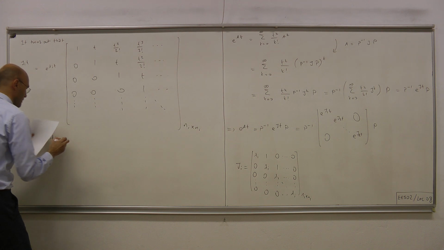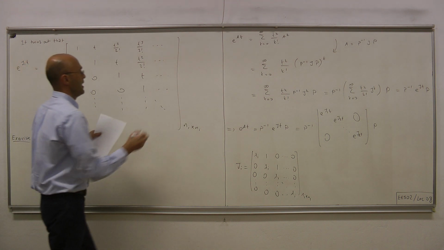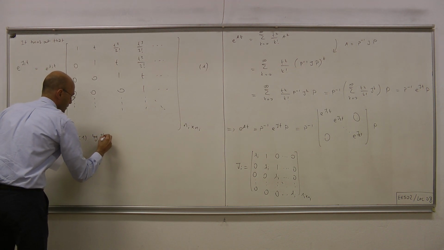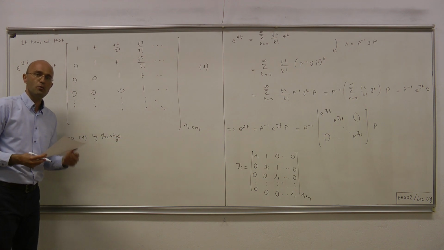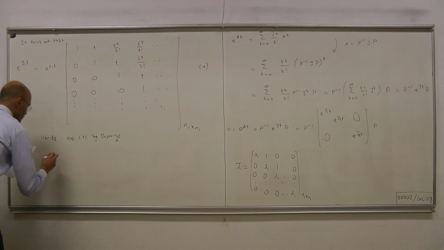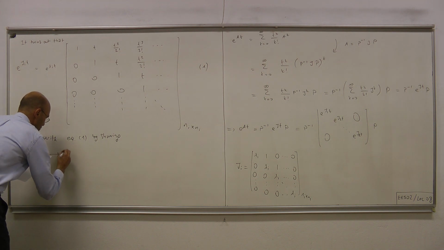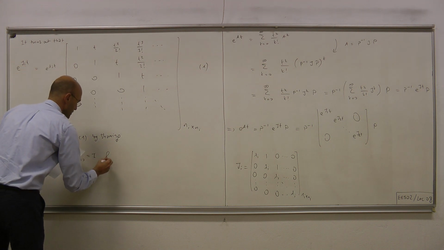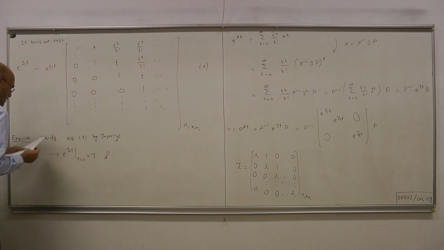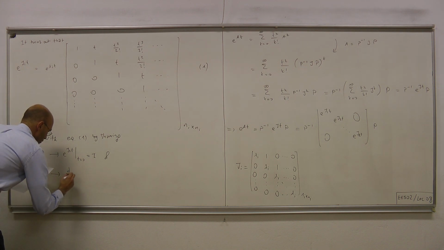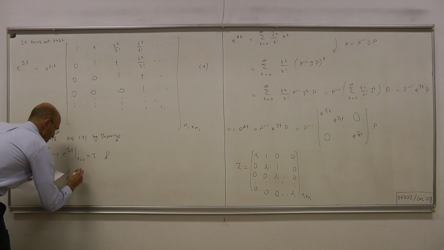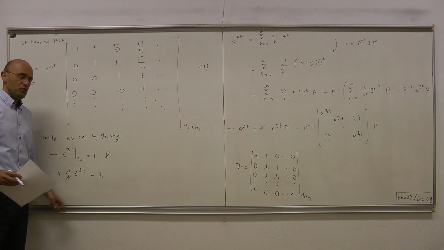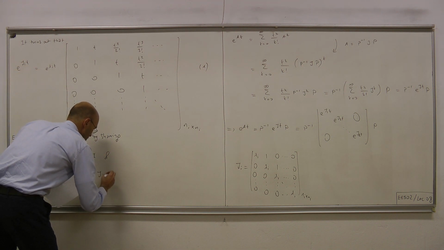The second thing, which requires a little bit of work, is that it solves the differential equation: the time derivative of e to the Ji t equals Ji times e to the Ji t.